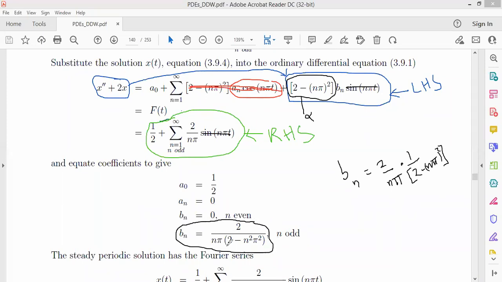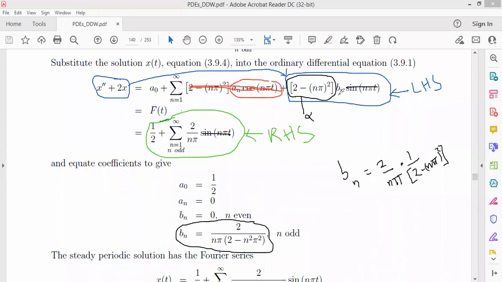And since we have this as Bn, we can now go back and deduce, because remember the generic form of the solution to this non-homogeneous differential equation using the Fourier series technique would imply that now our x prime prime plus 2x is this whole statement, but we replace Bn with this term.